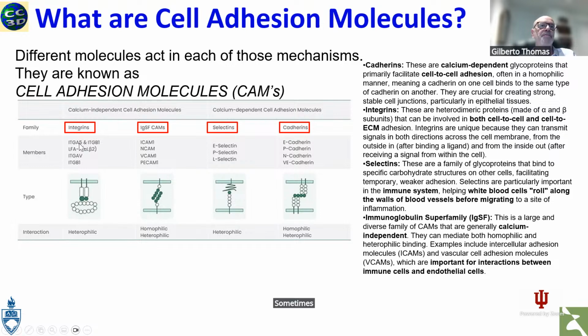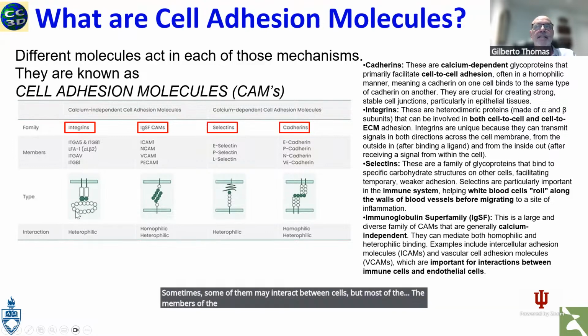Sometimes some of them may interact between cells, but most of the members of the family act between the cell and the ECM where the cell is.